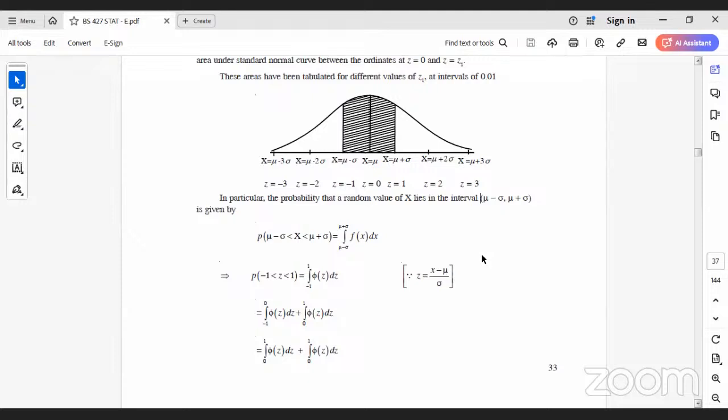That is, if we take negative values on one side and positive values on the other side, it is integration of mu minus sigma to mu plus sigma f of x dx. So P of minus 1 less than z less than 1 is integration of minus 1 to 1 phi of z dz, where z is equal to (x minus mu) by sigma we are taking here. Integration of minus 1 to 0 phi of z dz plus integration of 0 to 1 phi of z dz.